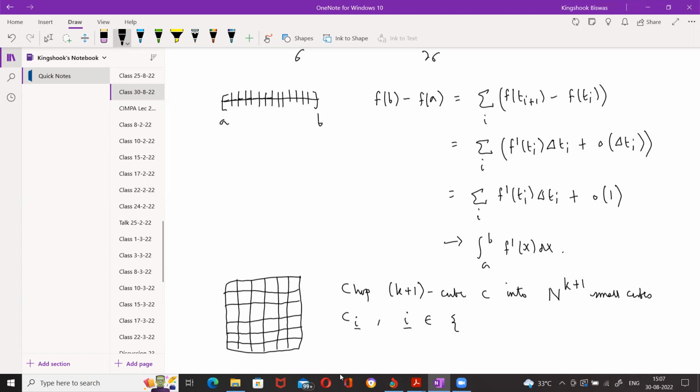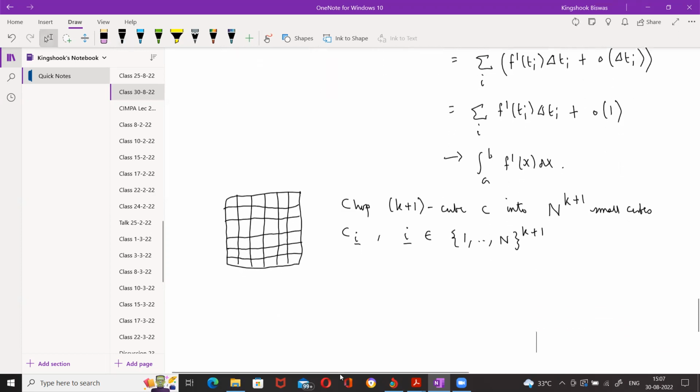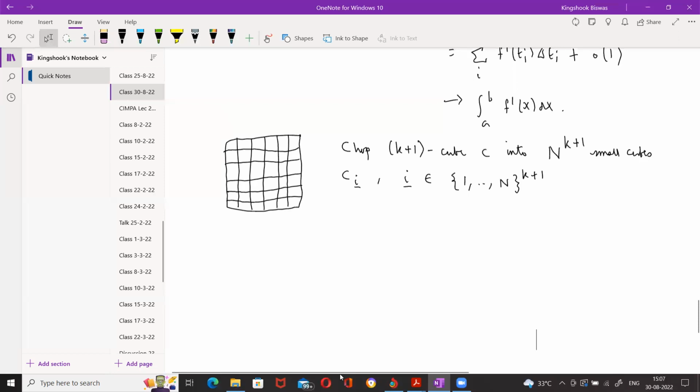It goes from the set 1 to n to the power k plus 1. Basically 1, 2, all the way up to n, and 1, 2, all the way up to n. I'm using these indices to label the cubes. Does this make sense?